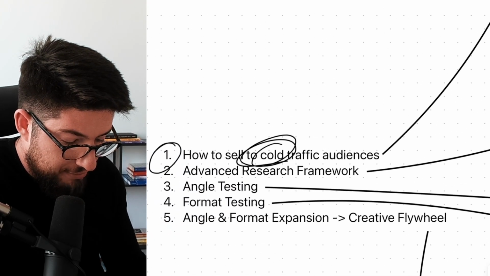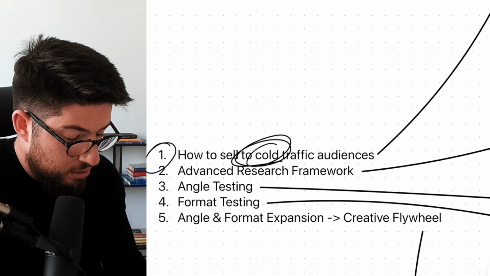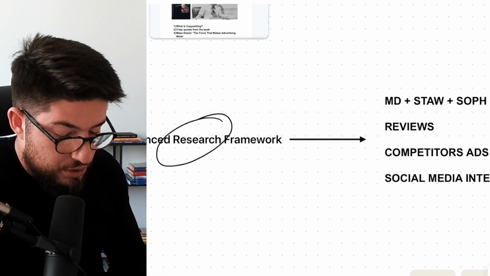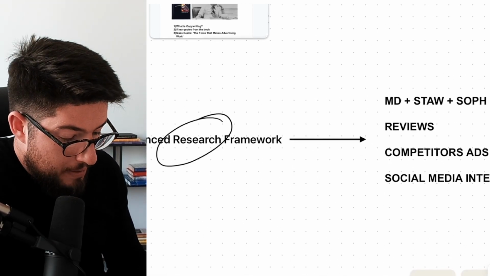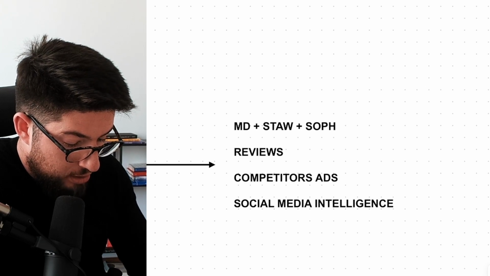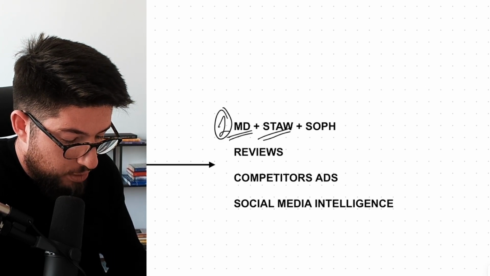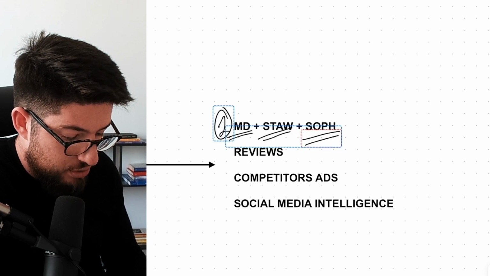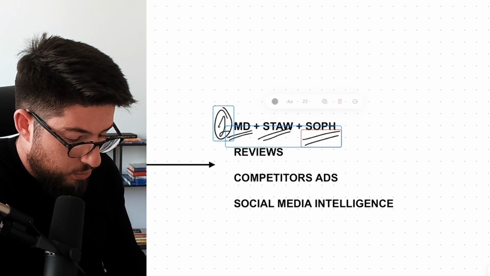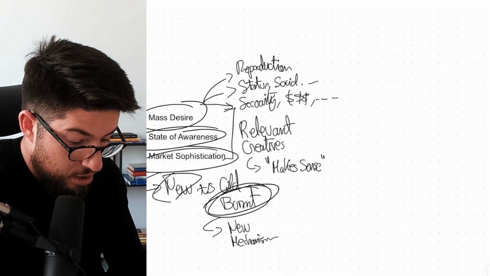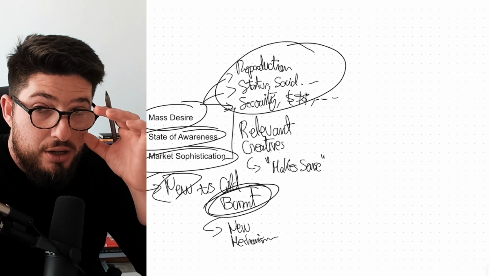When it comes to the advanced research framework, we have a few points when you make your research, which is the most important thing. The first one is going to be mass desire, state of awareness, and market sophistication. So when you're making your research, I have to know what the mass desire is in my market.